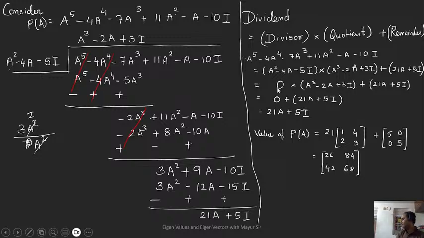Okay, so I hope you have got this. This is how you find the value of this, and I hope there was no difficulty. If you have any problem or queries, let me know here.